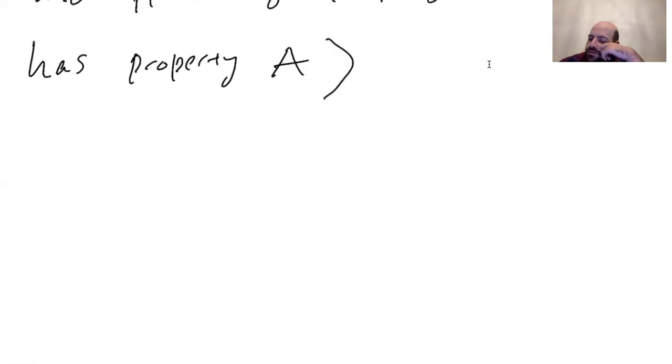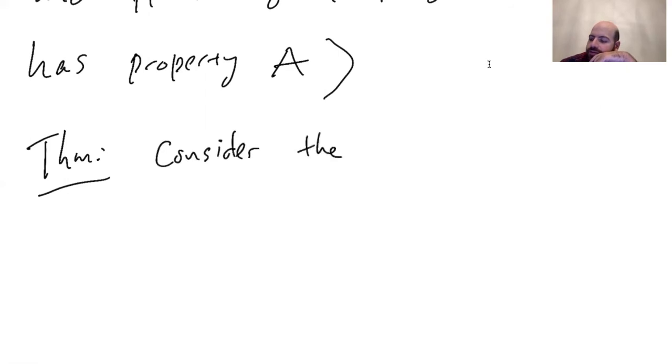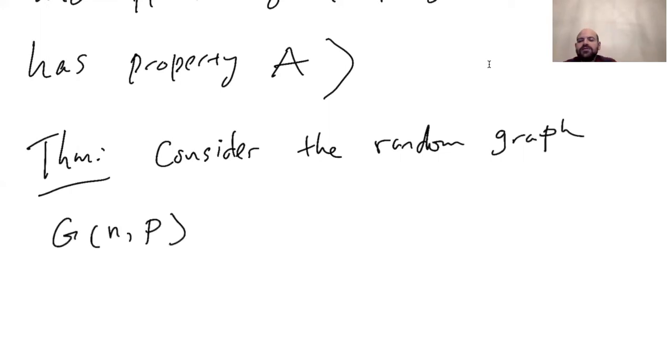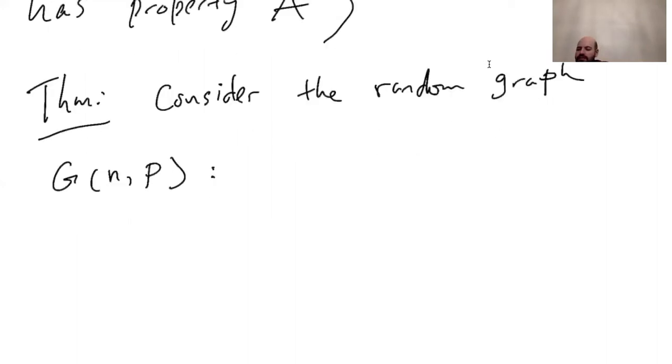So, theorem, I'll explain threshold function through this theorem. Consider the random graph G of n and p, a random graph with n vertices and edge probability p. Now I want to state two things.